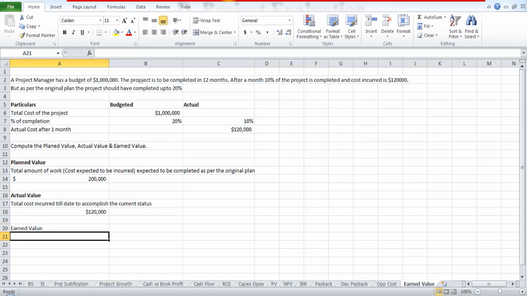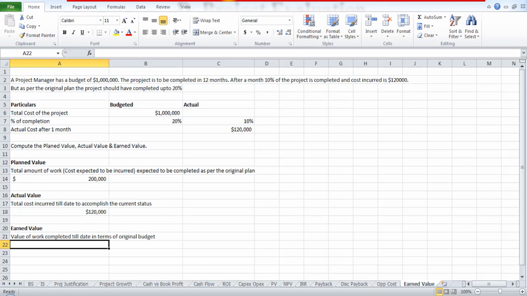Now, how do you compute the earned value? That is the value of the work actually completed till date in terms of the original cost. That's the most important factor here: in terms of the original budget. So as per the original budget, the cost should have been how much?